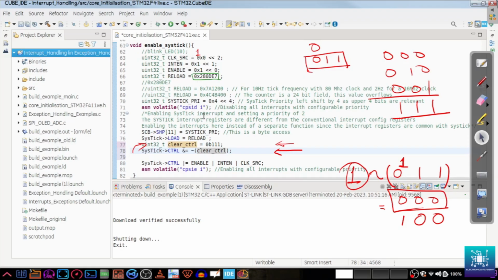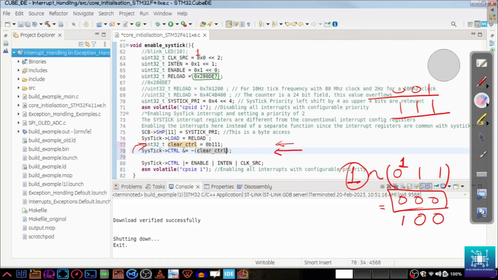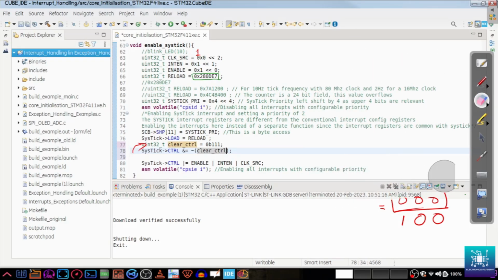I was lucky that even with that, the code was operating properly because of the default value 0. So these are some subtle bugs that you are definitely going to encounter when you do your microcontroller coding, and I thought I would leave this problem behind for you to see.